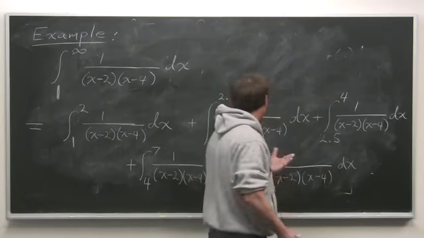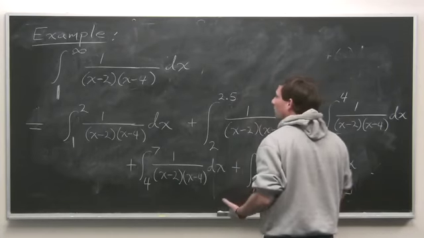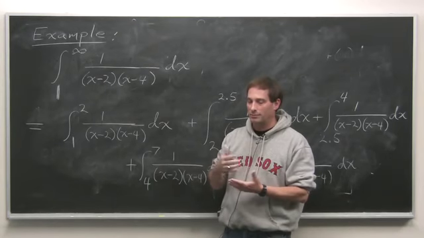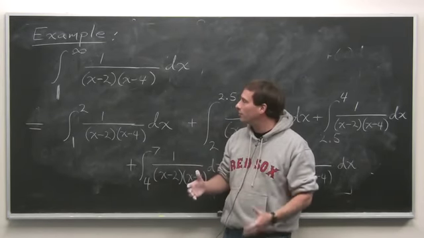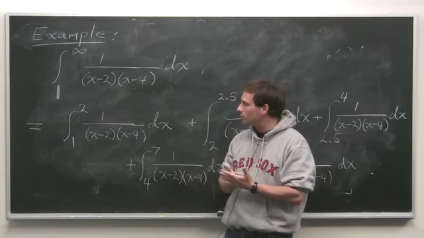Infinite limits of integration are easy to spot, but you also need to look at places where your function gets infinitely big or infinitely negatively big, so it goes to positive or negative infinity, because that means your function is becoming unbounded as you approach those points.